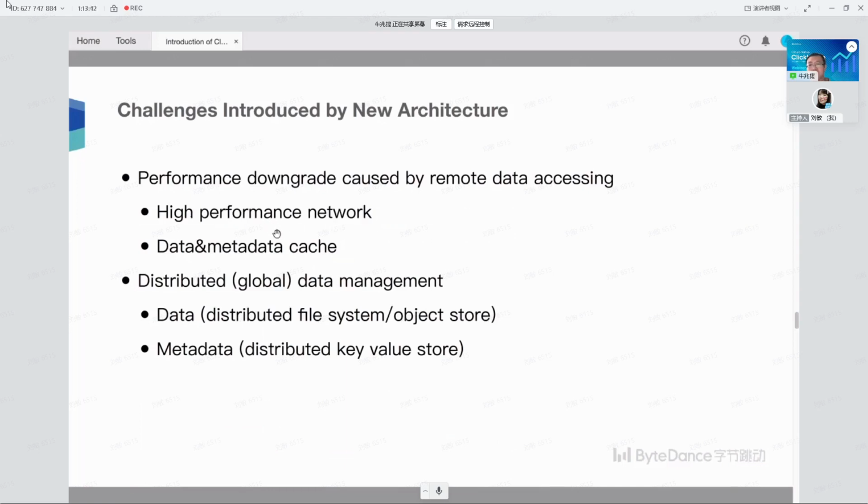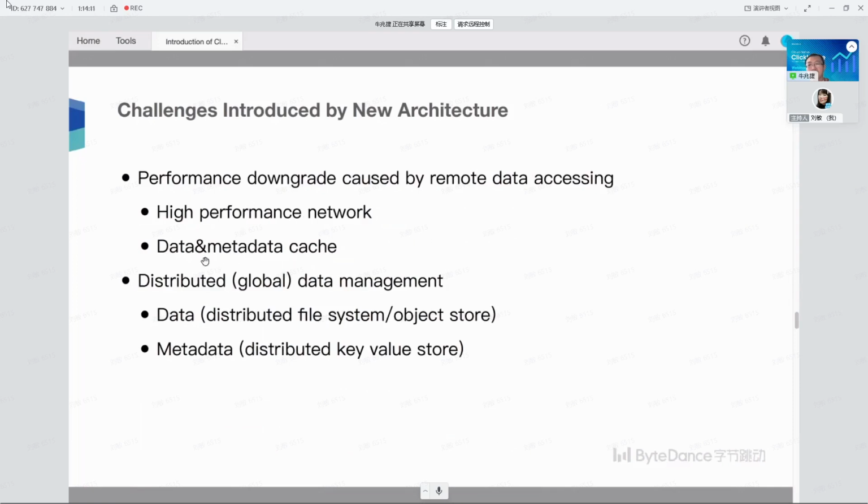Also, as a developer, because the hardware resources are developing very fast, and currently we already have a high performance network, in the near future the bandwidth will become larger and larger. So the performance gap will be reduced further with the development of the hardware.